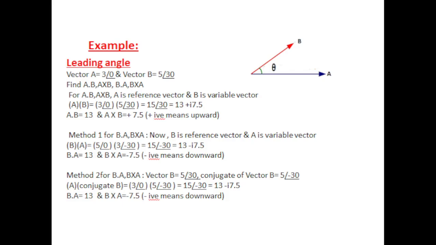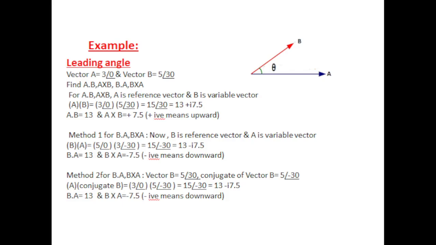AB equal to 3 angle 0 into 5 angle 30 equal to 15 angle 30 equal to 13 plus j 7.5. A dot B is equal to the real value, that is 13. A cross B is equal to the imaginary value, plus 7.5. Positive means upward.